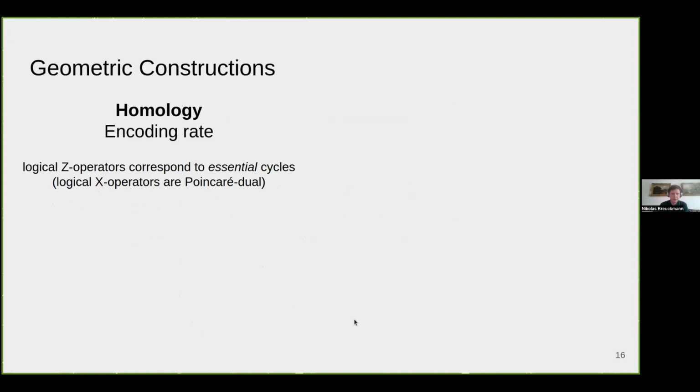Okay, so what about the encoding rate? This is again where homology comes into play. Homology tells us about our encoding rate. For the experts, I will only talk about logical Z operators now, and they correspond to what are called essential cycles. An essential cycle is something that is in the kernel of a boundary operator, but it's not in the image of the previous boundary operator.